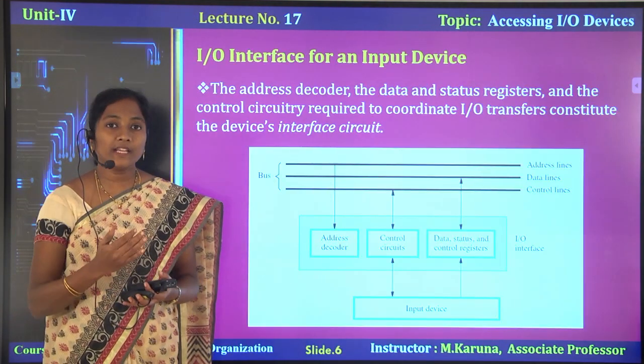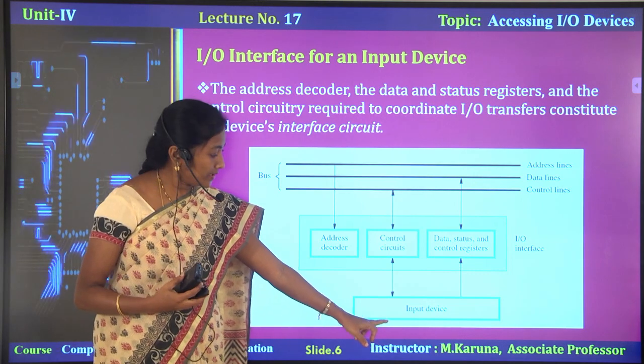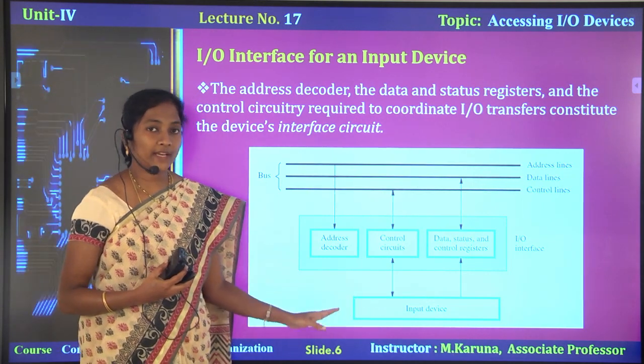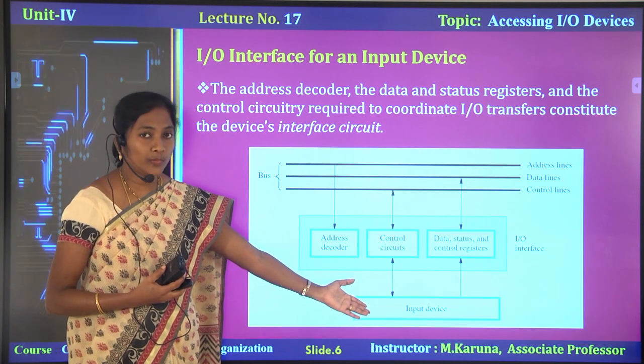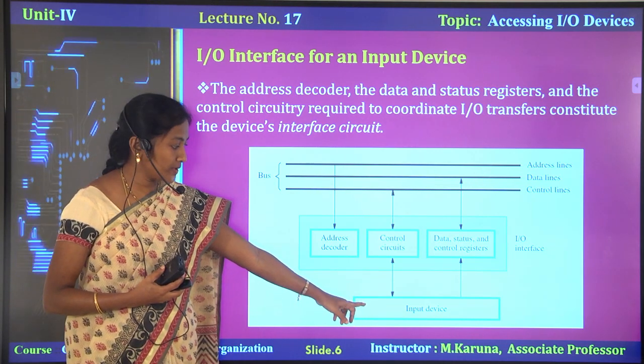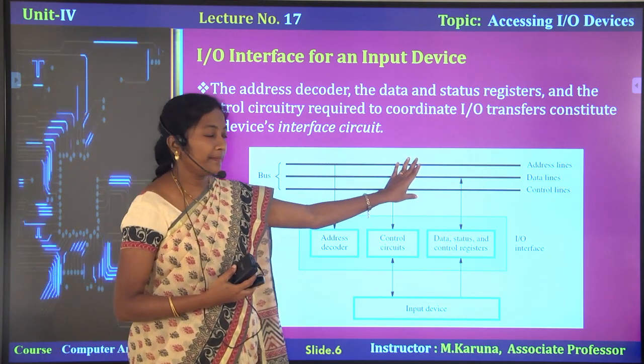Let us see the single bus structure in detail. Here this is the input device. We are concentrating on an input device, though we could use an output device also. In this example we are using an input device. This is the bus.